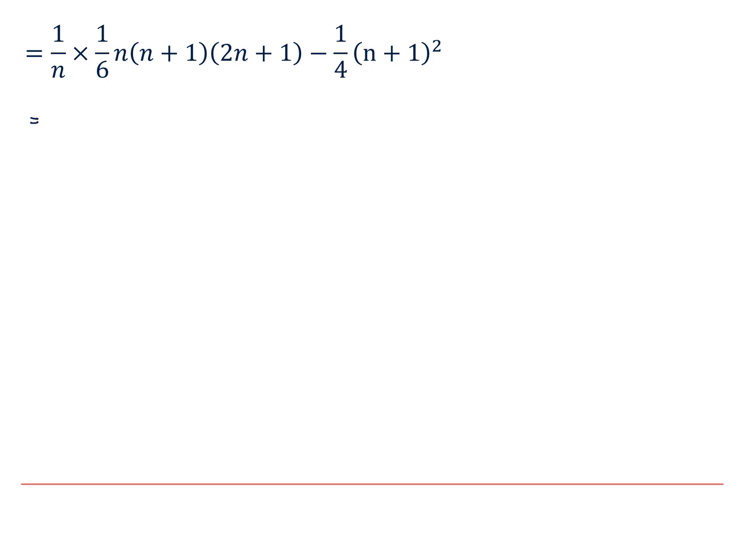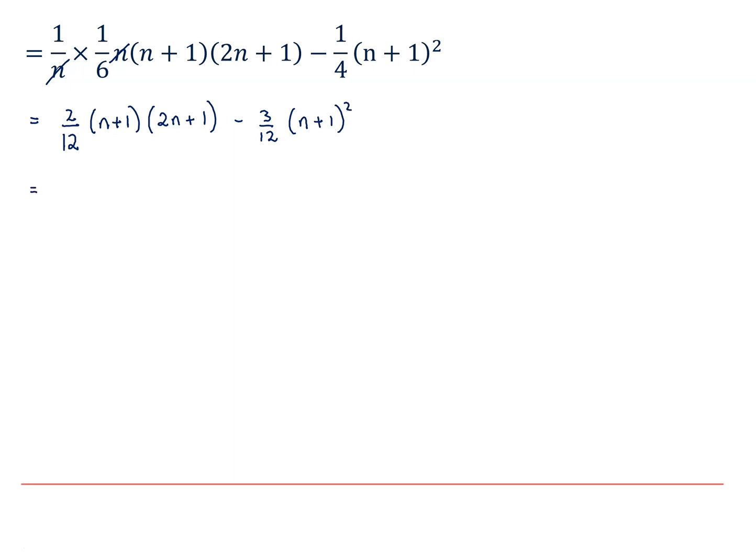And I've got sixths and quarters, so I'll make those into twelfths so that I can subtract them. That n cancels with that n, and I've got n plus 1, 2n plus 1, minus 3/12, n plus 1 all squared.